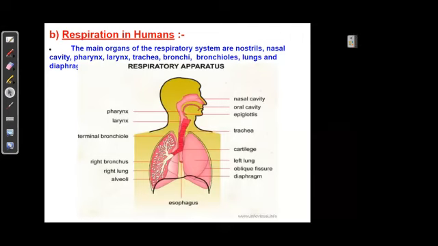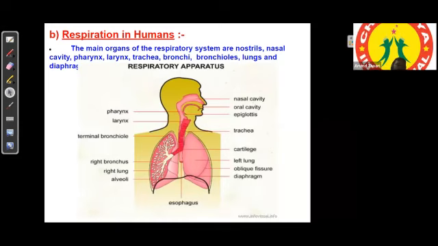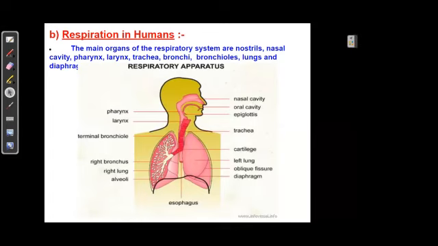Sir, first we go through inhalation and then there is gaseous exchange and exhalation. Yeah. So how do we inhale? When we inhale, our ribs move up and the diaphragm flattens, and there is an increase in the chest cavity because of the expansion of the chest cavity.